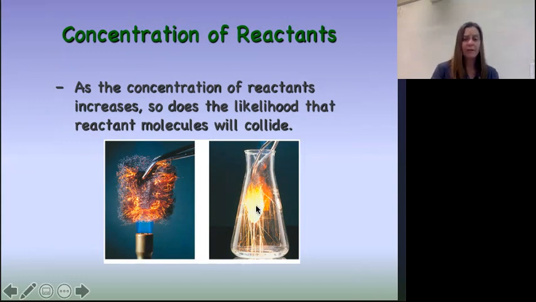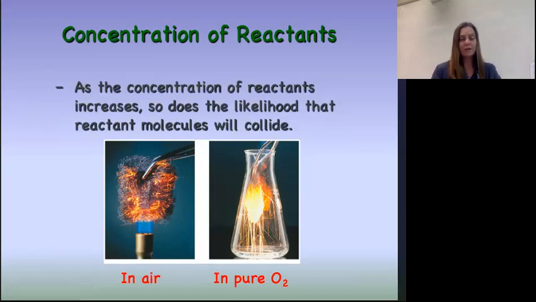If, on the other hand, I take that same steel wool and I put it into pure oxygen, I've just increased the concentration of the oxygen, because our air is not a lot of oxygen. 18% of our air is oxygen. But here in the pure oxygen, I have greatly increased the concentration of my reactant, and so I get this very fast reaction. So in air, it's slow because our concentration is low. In pure oxygen, it's really fast because of the much higher concentration.